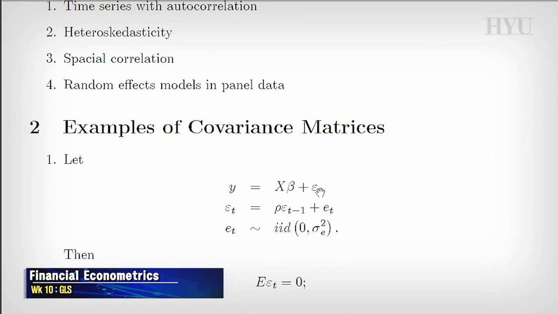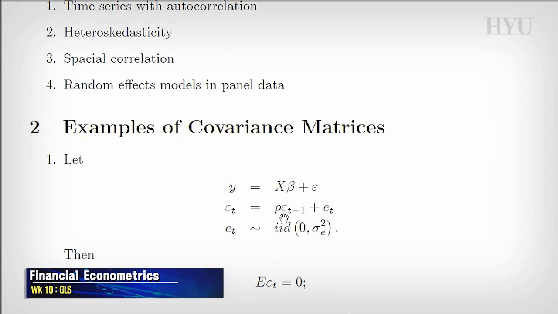So the t-th element of epsilon is actually the (t minus 1)-th element of epsilon multiplied by rho, plus some noise, e_t. And suppose e_t is IID, independently identically distributed with mean zero and some constant sigma. Okay, suppose our error structure looks like this.